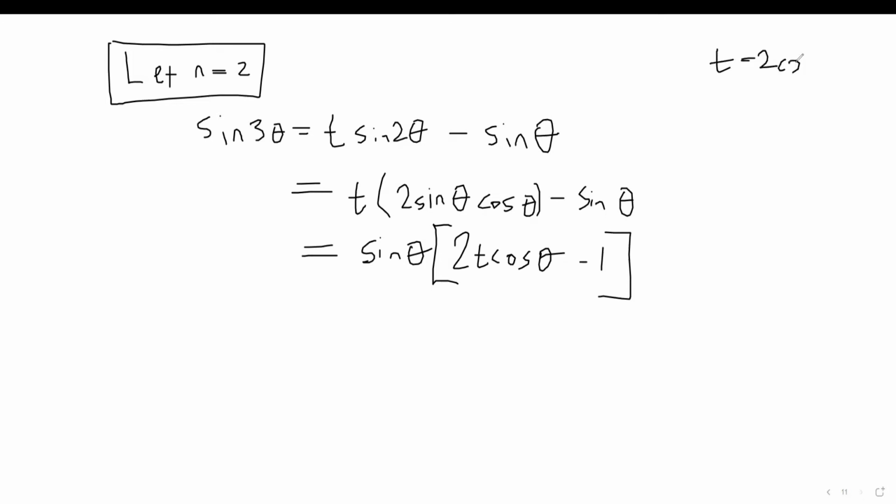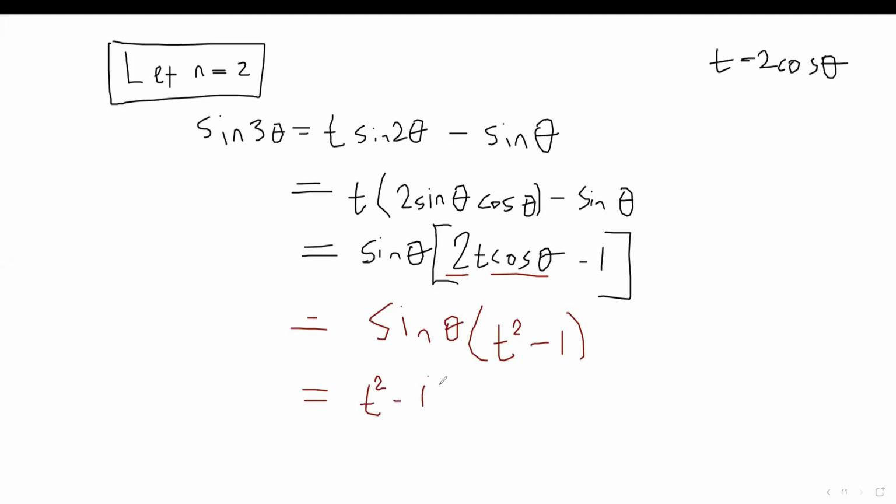So the 2 and the cos theta here, 2 cos theta is t. So this becomes sine theta times t times t, which is t squared minus 1. So the sine of 3 theta is indeed t squared minus 1 times the sine of theta. Easy, isn't it? Too easy.